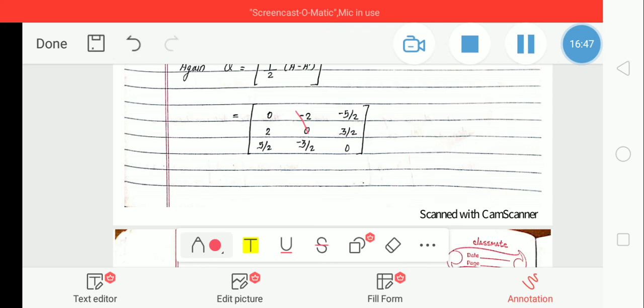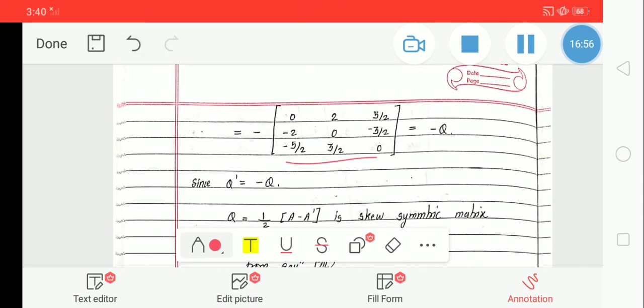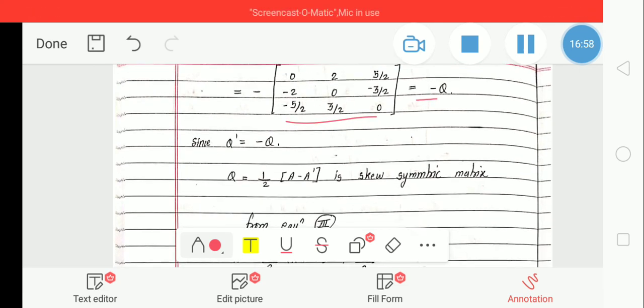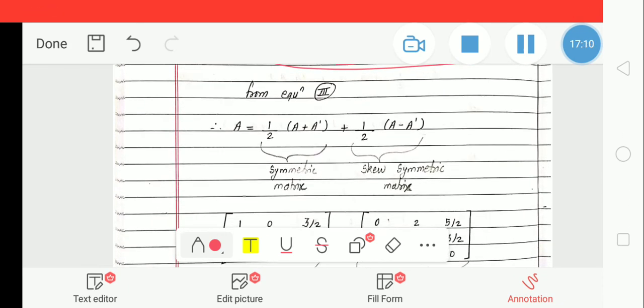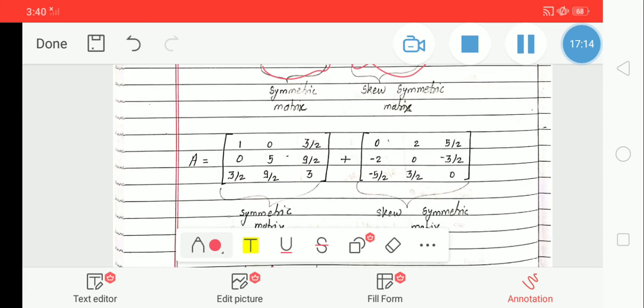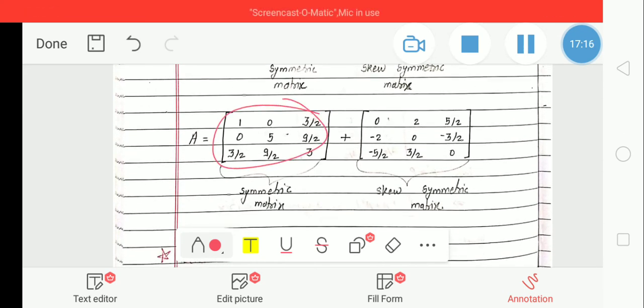So this is plus, plus -2, -3/2, -5/2 and plus 3/2. So this gives Q dash is equal to minus Q. Since Q dash is equal to minus Q, Q, half of (A minus A dash), is a skew-symmetric matrix.